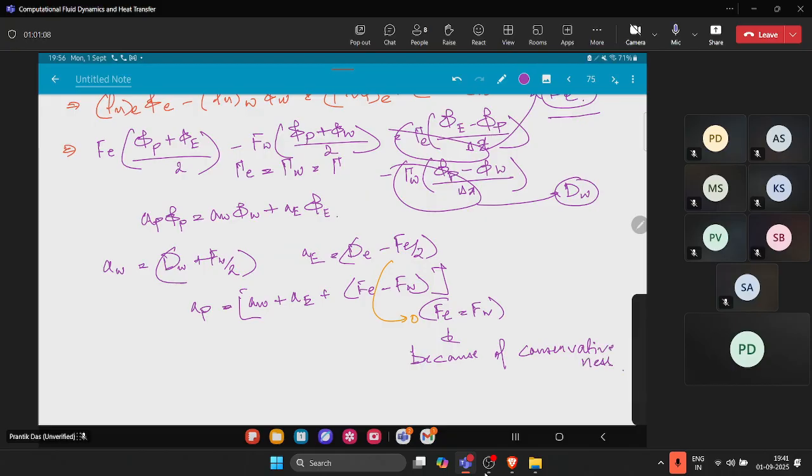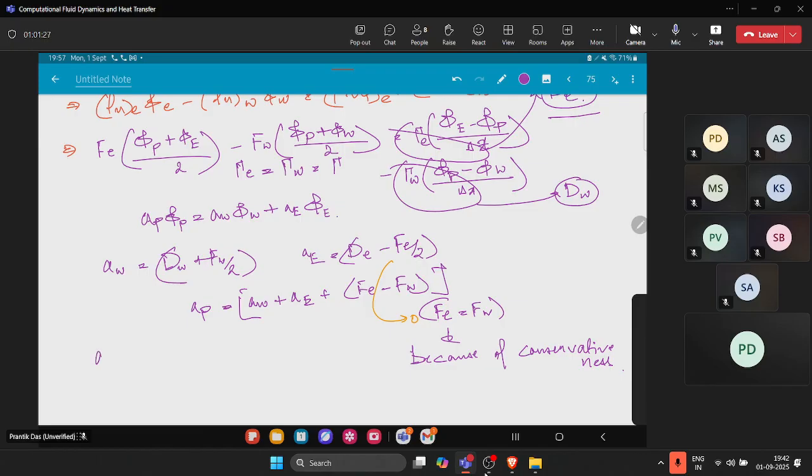So if I look at it carefully, I've talked about conservativeness. If the flow is happening from west to east, AW should be positive. The coefficient should be positive.